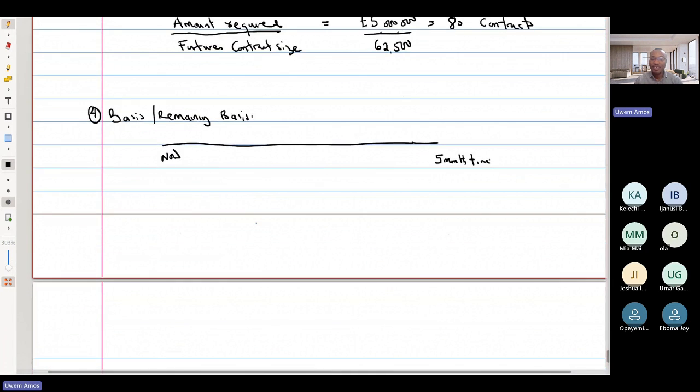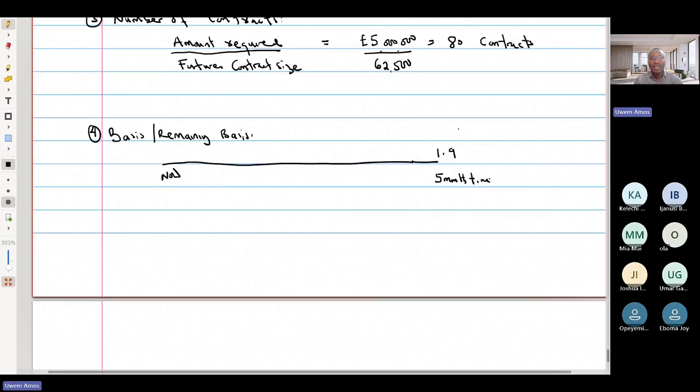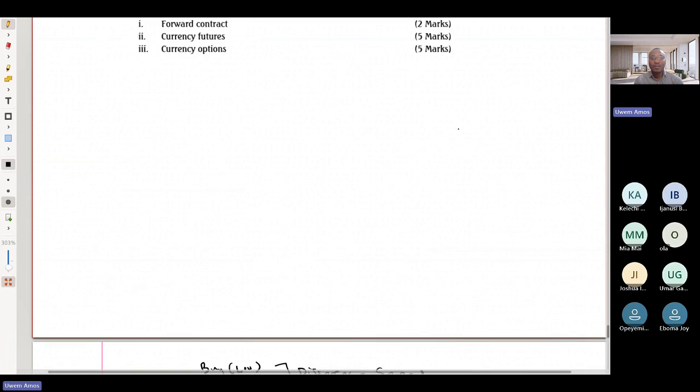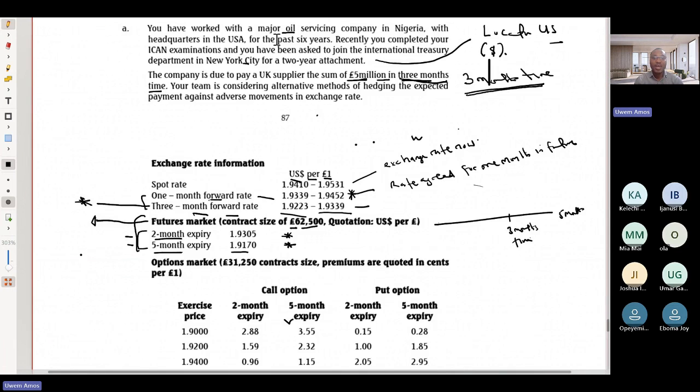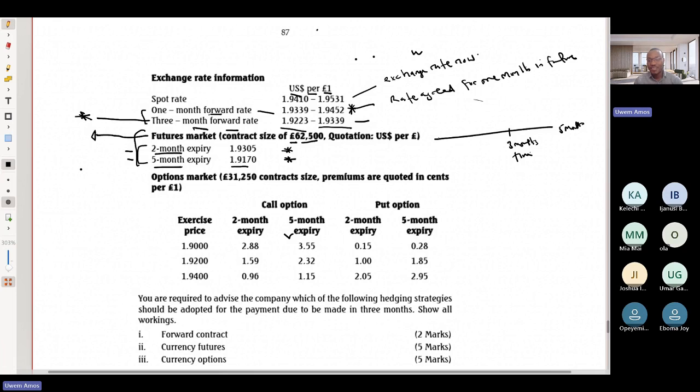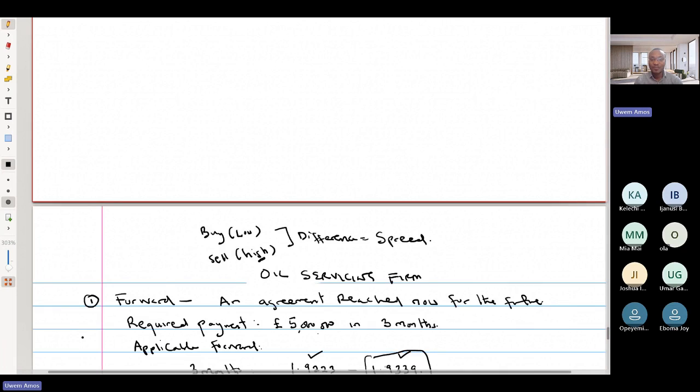And that price is 1.9. Sorry, what's the rate again? Let me double check. The question said the December futures was the price. Yeah, 1.917. That's the price, 1.917.